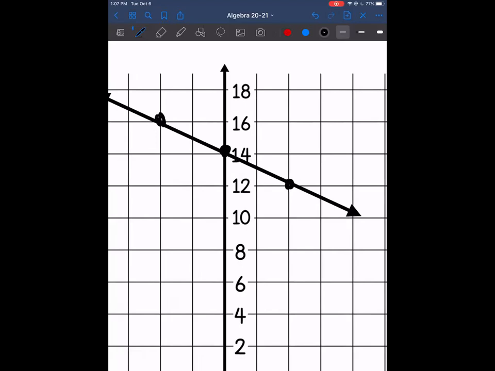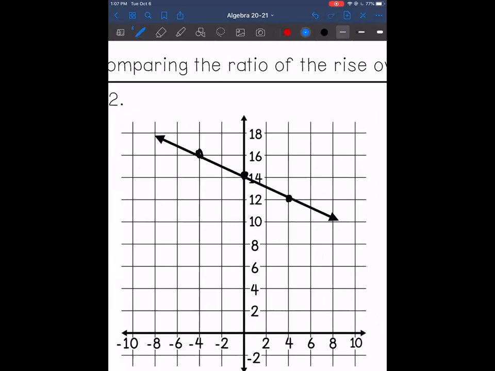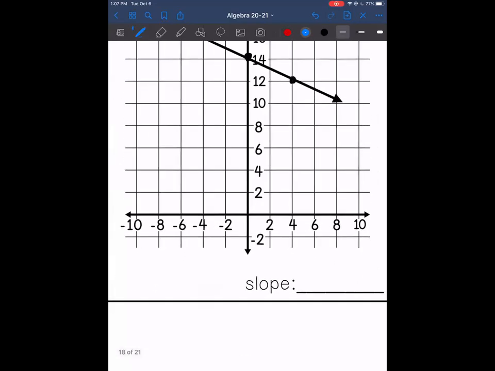You can pick either set of points to use for your slope, but it's going in the downward direction. If we're going in the downward direction, what kind of slope is that? It is a negative slope. So you know that your answer should at least have a negative sign.